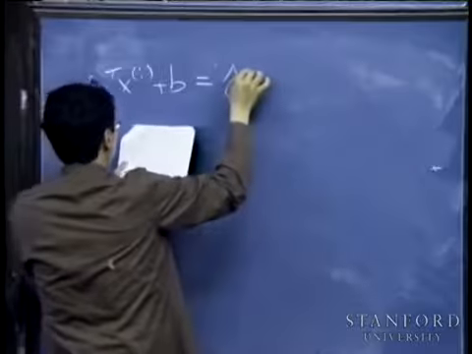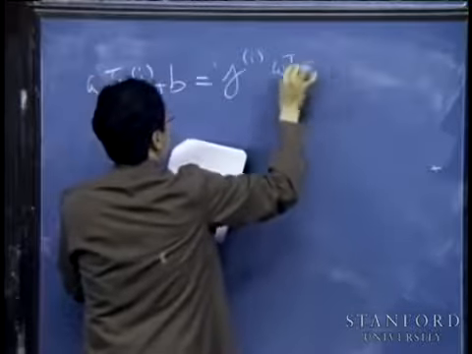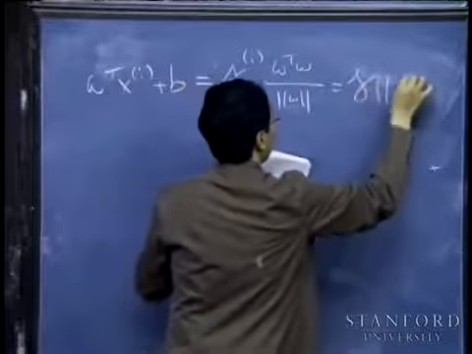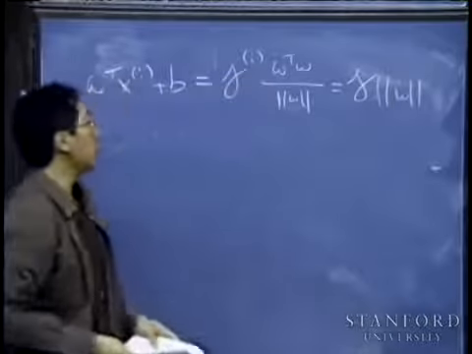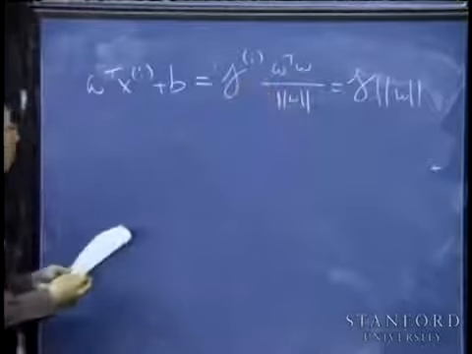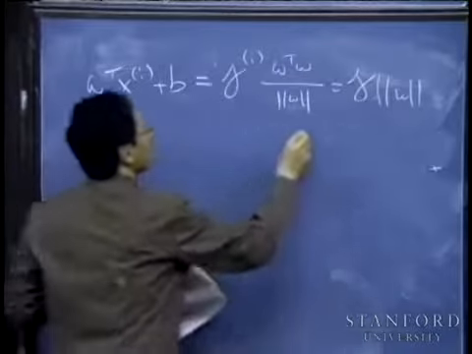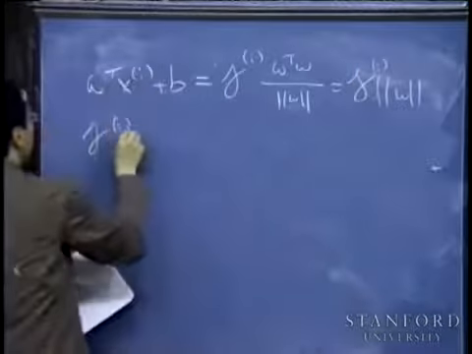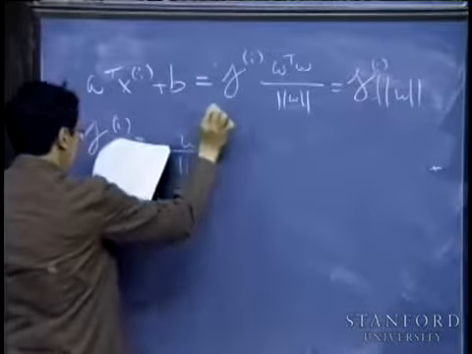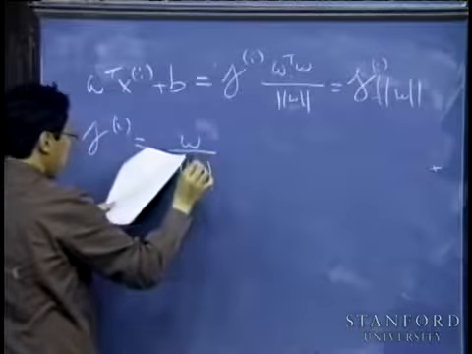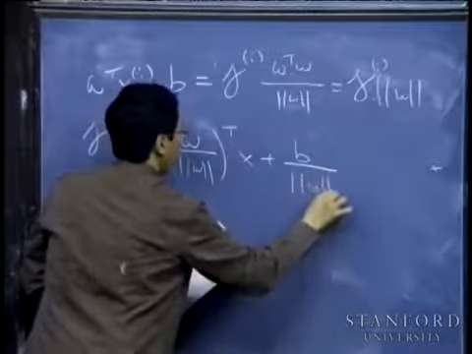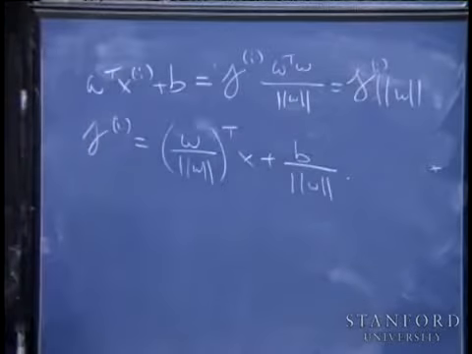That equals gamma^(i) times w transpose w over norm of w. That's just equal to gamma^(i) times the norm of w, because w transpose w is the norm of w squared. And therefore gamma^(i) is just w transpose x^(i) plus b, over the norm of w.